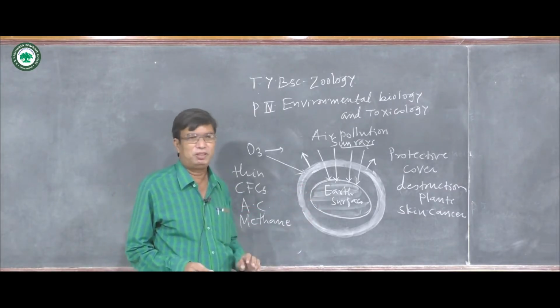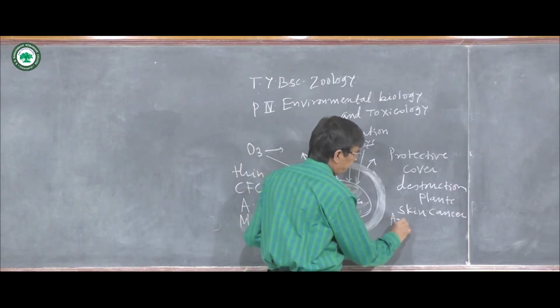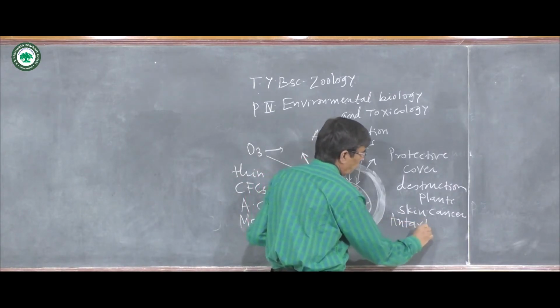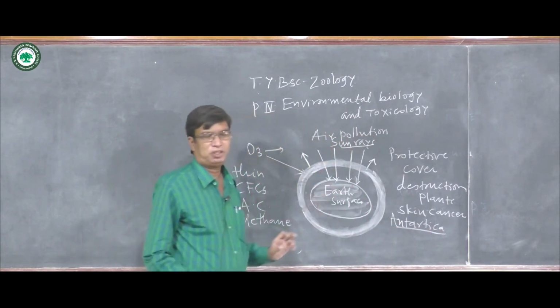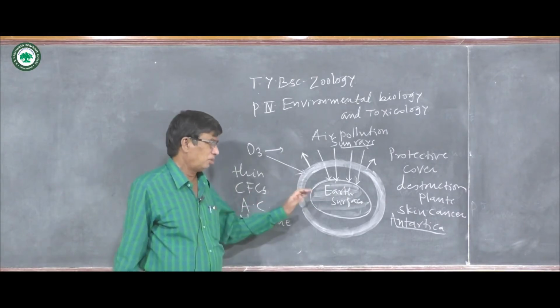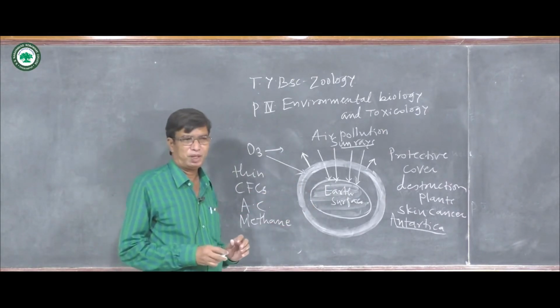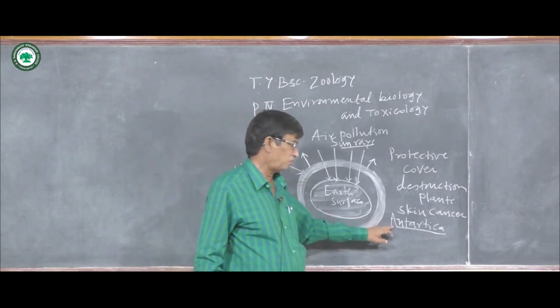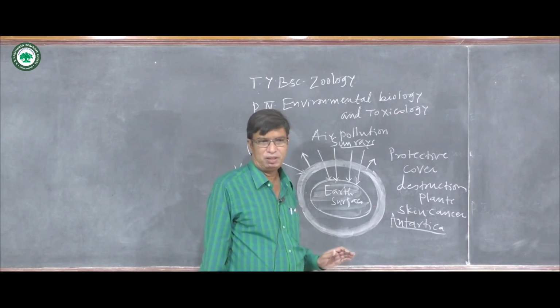For example, in Antarctica, when this layer becomes thin, that becomes responsible for increasing the temperature of ice in that region.